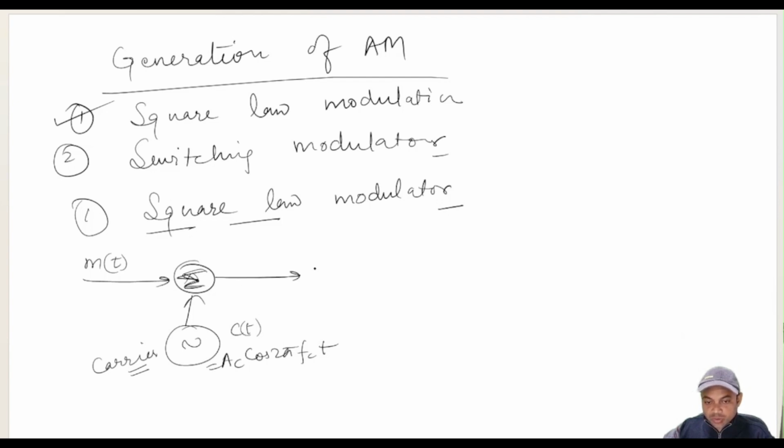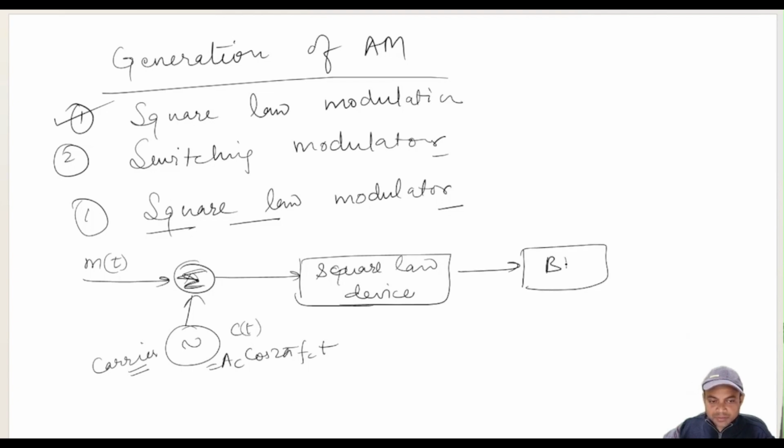Then a square law device, which we will discuss in brief, and then a band pass filter. Then we will get a modulated signal.